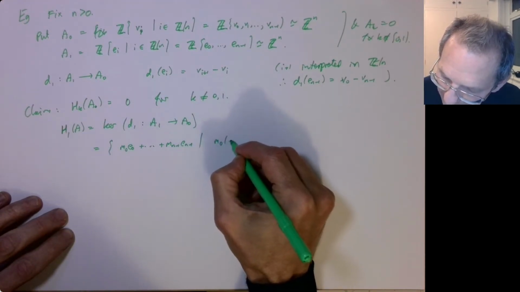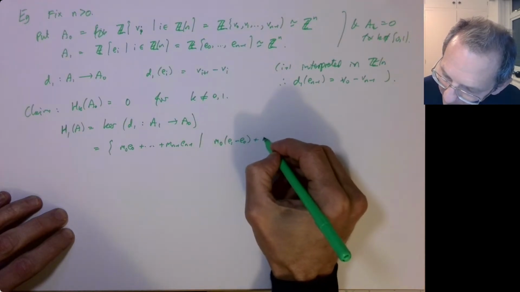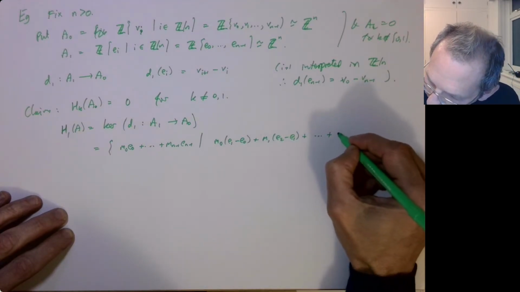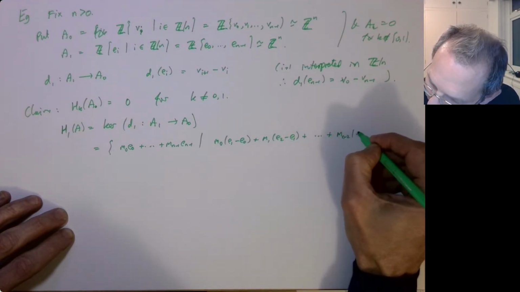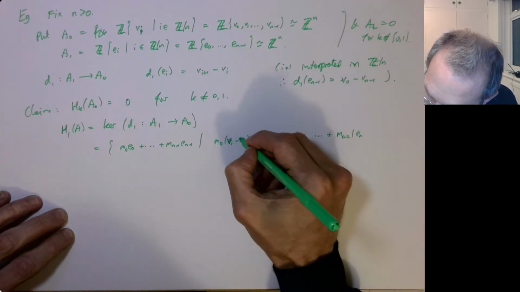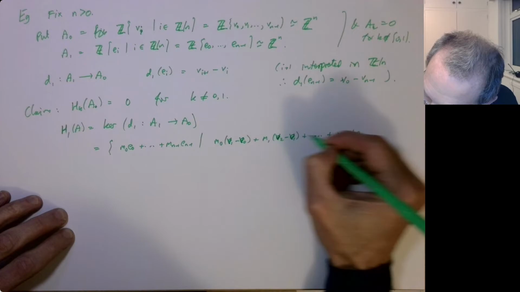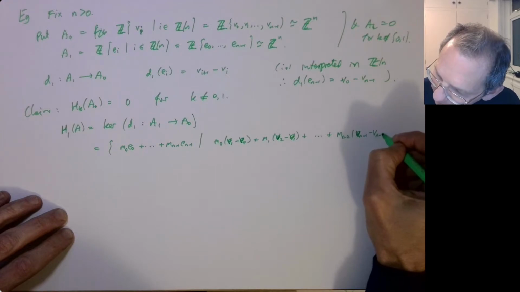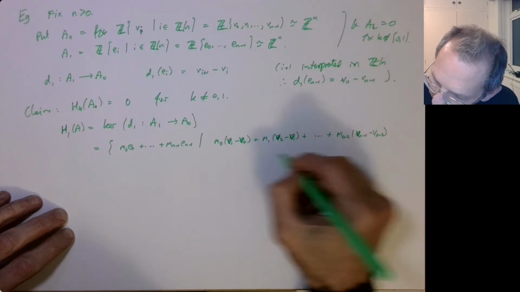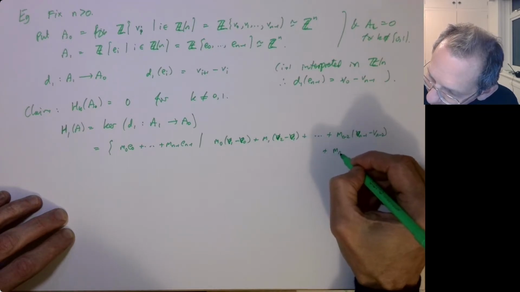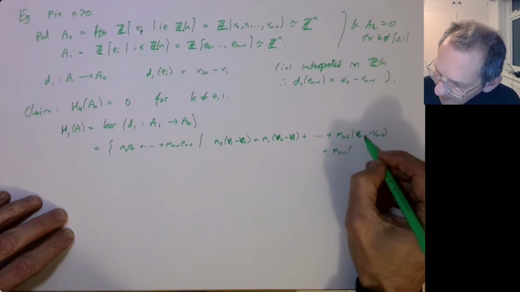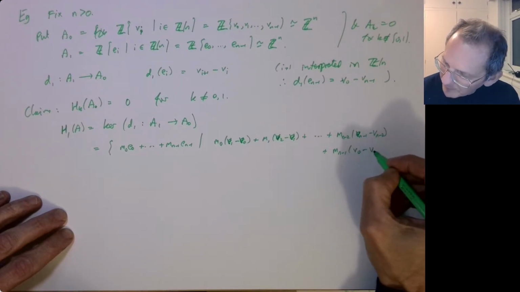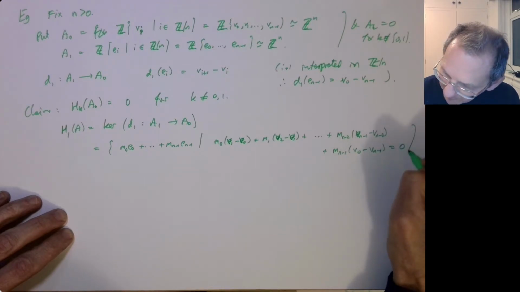So it's m_0 (V_1 minus V_0) plus m_1 (V_2 minus V_1) plus, up to m_{n-2} (V_{n-1} minus V_{n-2}), and then plus the last one, m_{n-1}, and as you said here, you should get V_n, but everything's wrapping around, it's all done mod n, so your V_n will be V_0 minus V_{n-1}, so that's got to be equal to 0.